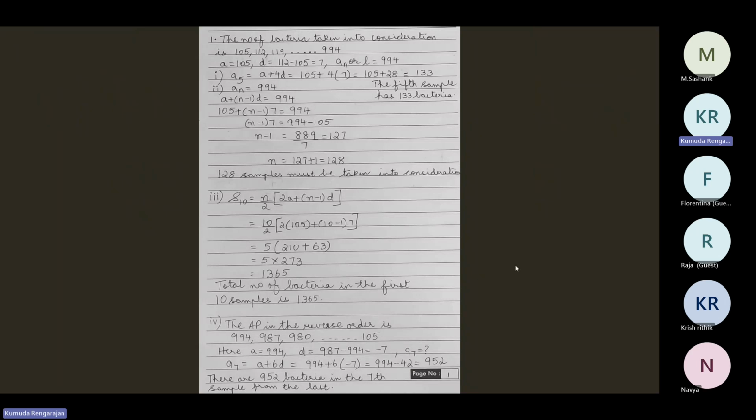Now it's again your time to ask me, because here I've worked the answers completely. We're not going to see it one by one. So now that you have the answers with you, you can ask me if there's a difference in the answers. You can just get them clarified now.